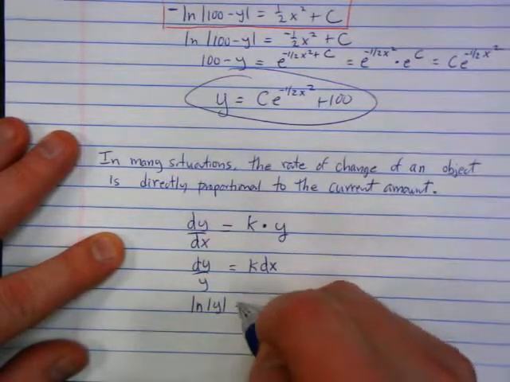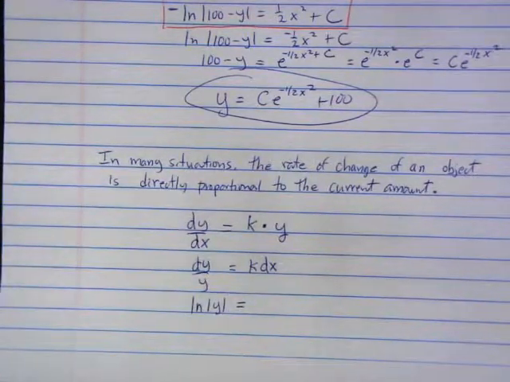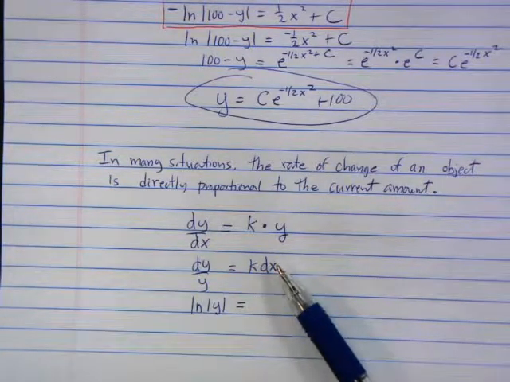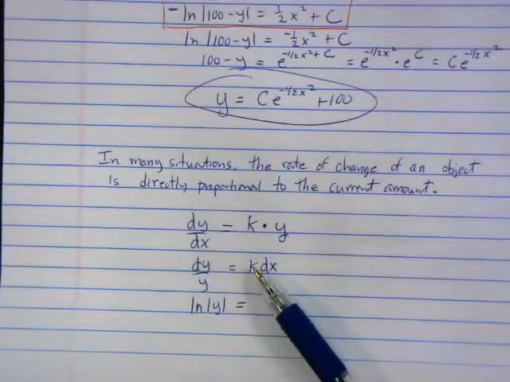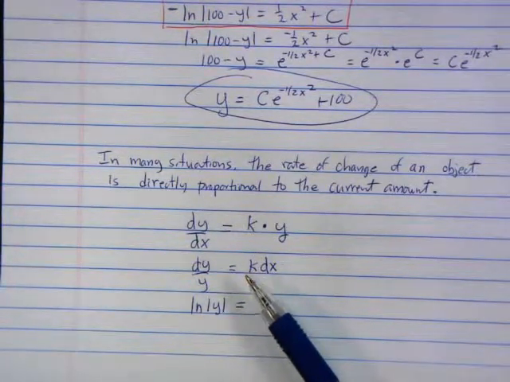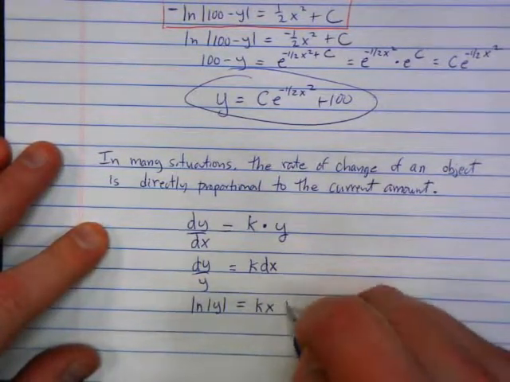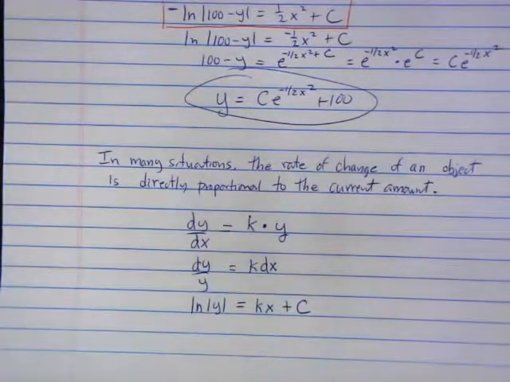Natural log of y. What's the integral of k dx? K is just a number. What's the integral of a number? The integral of a number is k times x. So that's kx plus c.